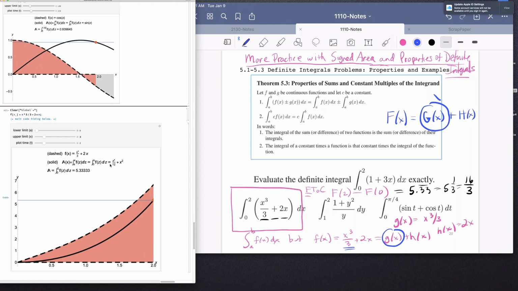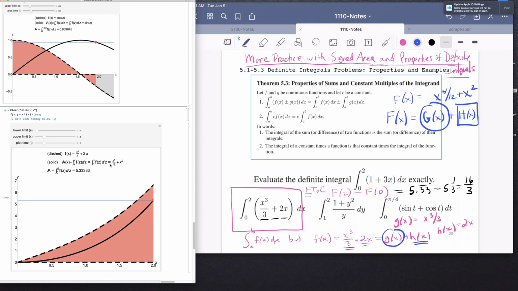Then there is h of x, which is the function 2x, and the antiderivative of that function is equal to x squared. And we can find the antiderivatives of those functions separately, and it is those two antiderivatives added together that makes the antiderivative of the function f.